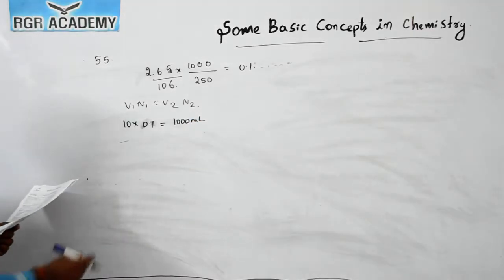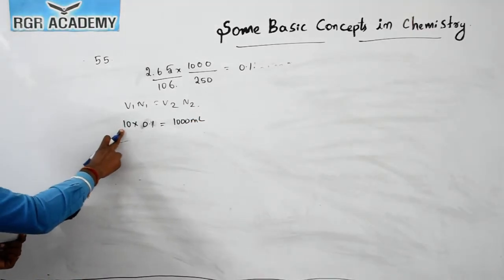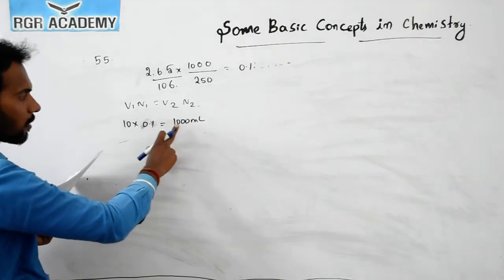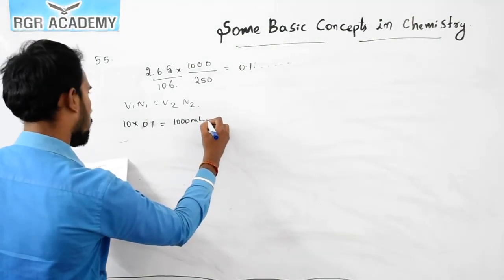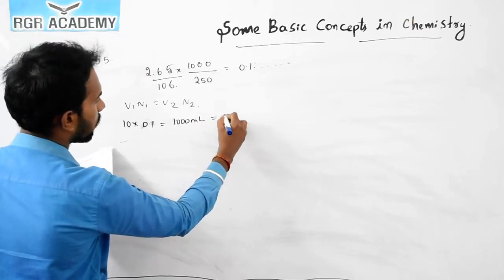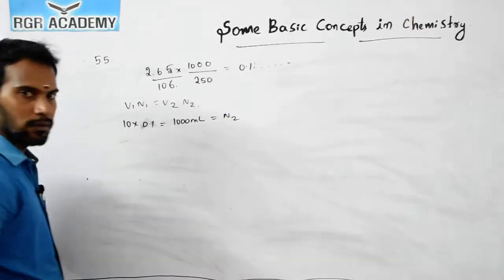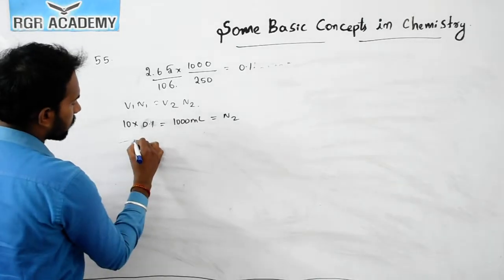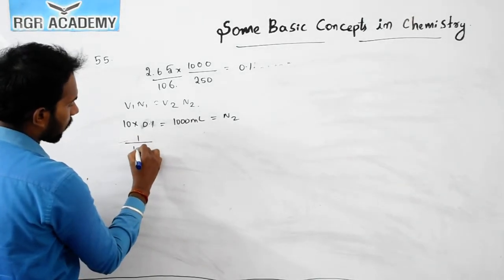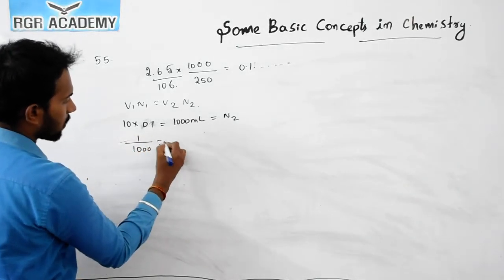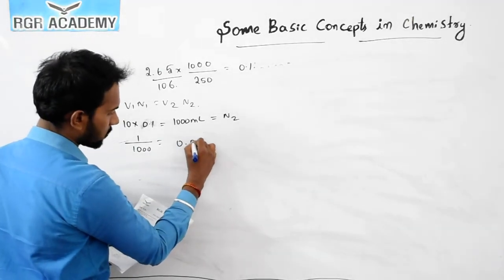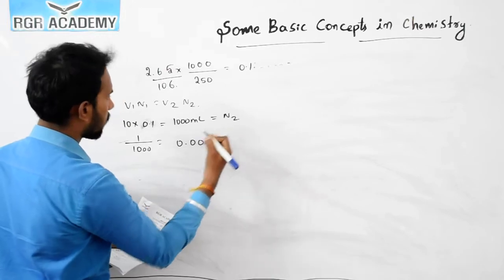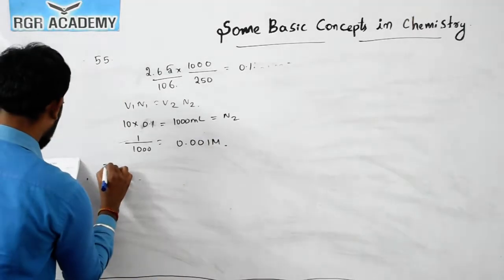So here is 10 ml of sodium carbonate, which is 0.1 normal, and 1000 ml. That is equal to the normality of the solution. So 1 by 1000, which is 10 power minus 3. So the answer is 0.001 molar.